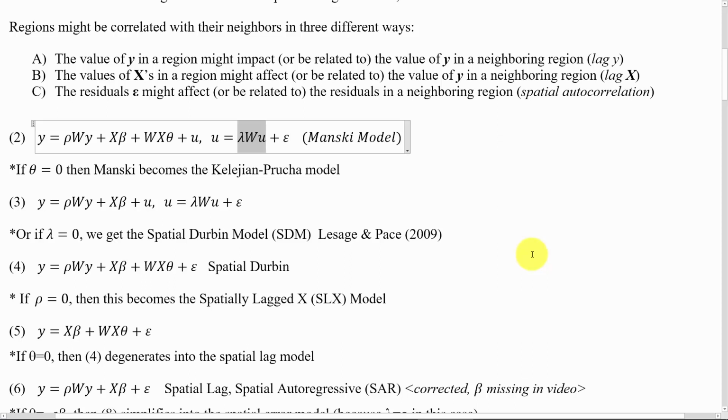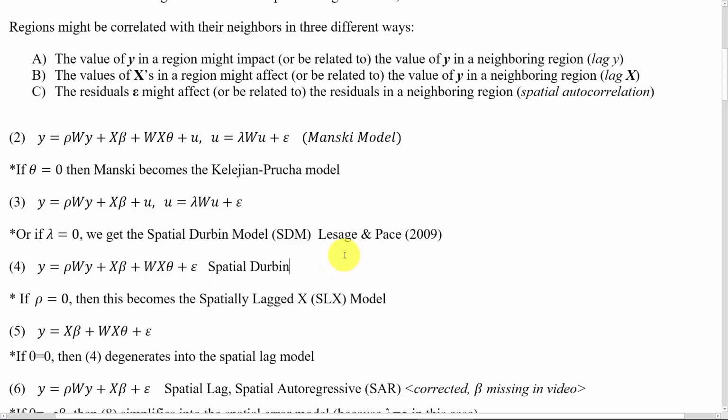And the Spatial Durbin model is more clever than it looks just on its face. So the Spatial Durbin model says that our unemployment rate in a state is equal to some function of neighboring unemployment rates plus our own explanatory variables plus neighbors' explanatory variables. So that's what's called the Spatial Durbin model.